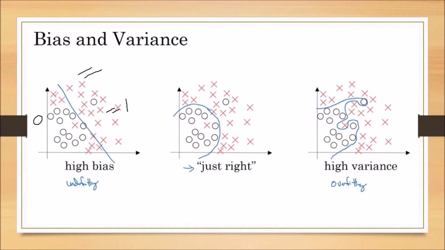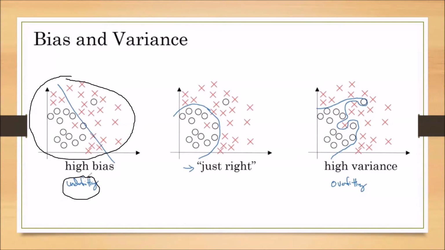You observe here, below this line there are many x, nearly 3, 4, many x values, which means many ones are available. So we are calling this underfitting, meaning this classifier is not properly fitting the data. And this underfitting problem is called high bias.